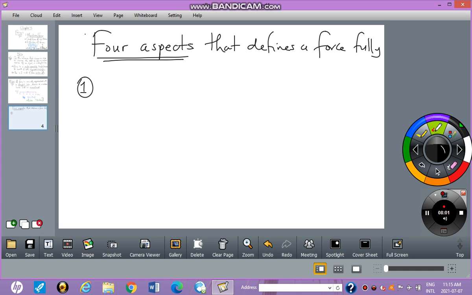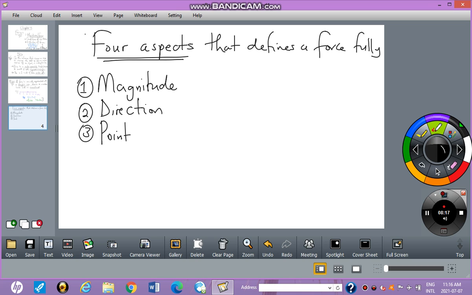Number 1, we are talking about magnitude. Then we have direction, then you have point of application, then lastly we have its nature. Okay, the nature of the force.